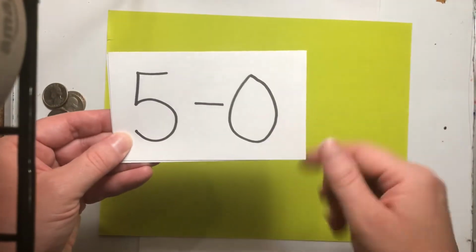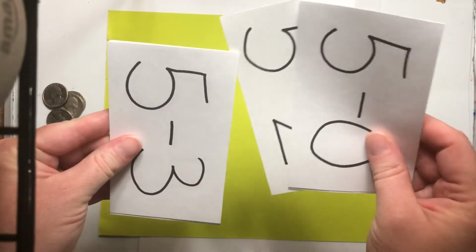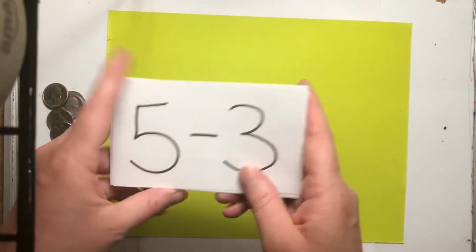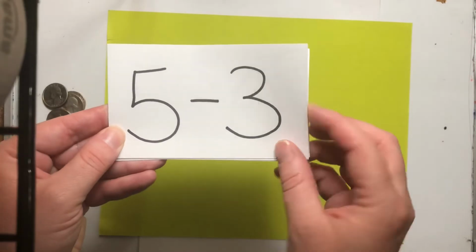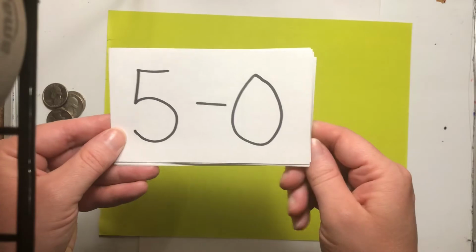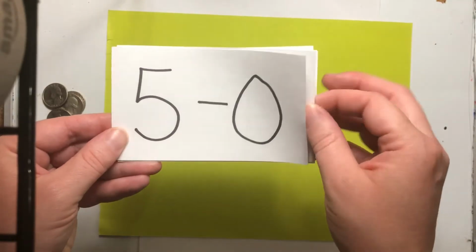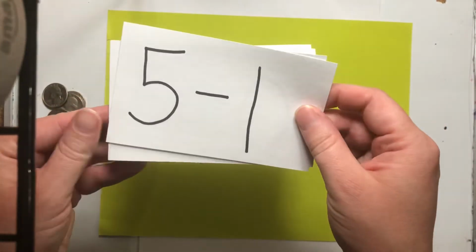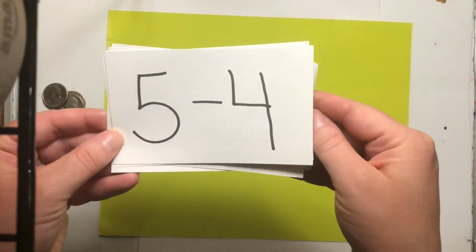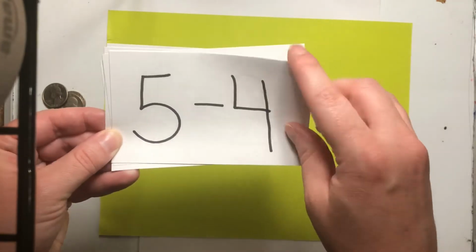So what you can do is you can do them in order, like we just did, or you could mix them all up. That's what I'm going to do. Mrs. Chamberlain is going to mix them all up. And then we can just do them however we see them. 5 minus 3 equals 2. 5 minus 0 equals 5. 5 minus 1 equals 4. 5 minus 4 equals 1.